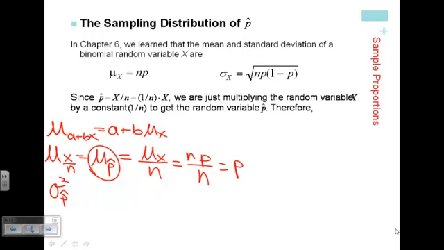So what is the variance of p-hat? Maybe I should restate that. What is the variance of x divided by n? Here's the formula that I'm using.